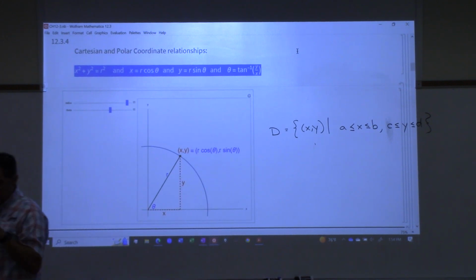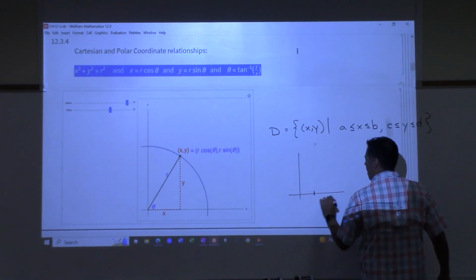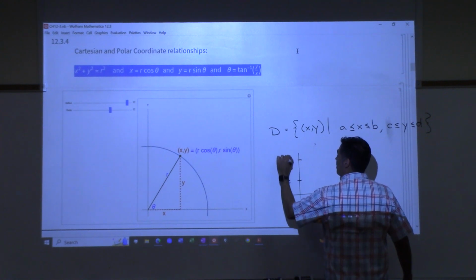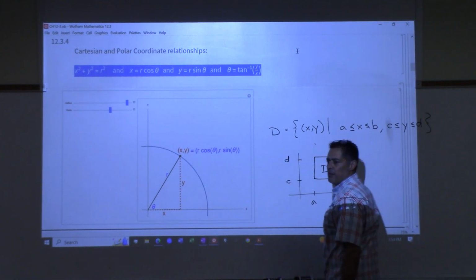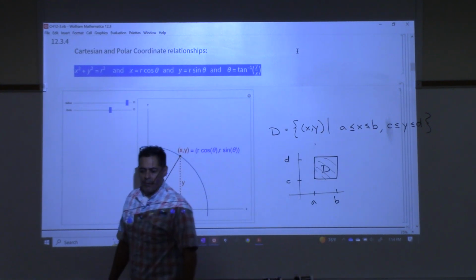A rectangle, right? That's a rectangle because when I write xy down, I'm implying that we're talking about Cartesian coordinates here. So all of your x values are between two constants, a and b, and all your y values are between two constants, c and d. So you create this rectangle, all the points that live in this rectangle.